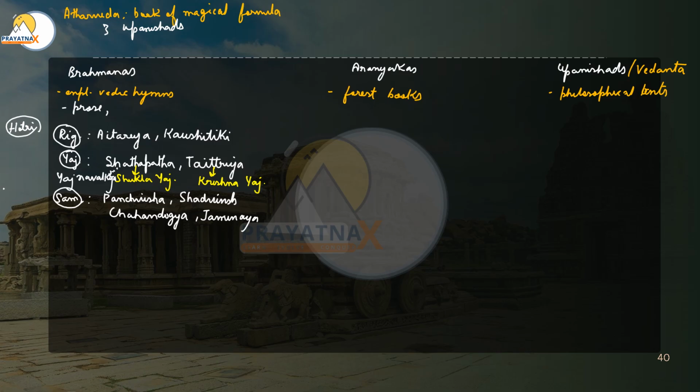Now this was written by Udagatri priests. Now Atharvaveda contained only one Brahmana. It was the Gopat Brahmana.